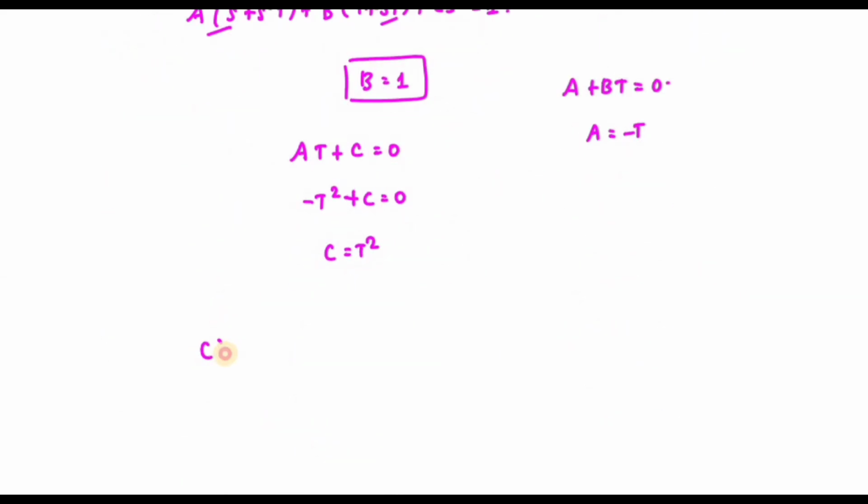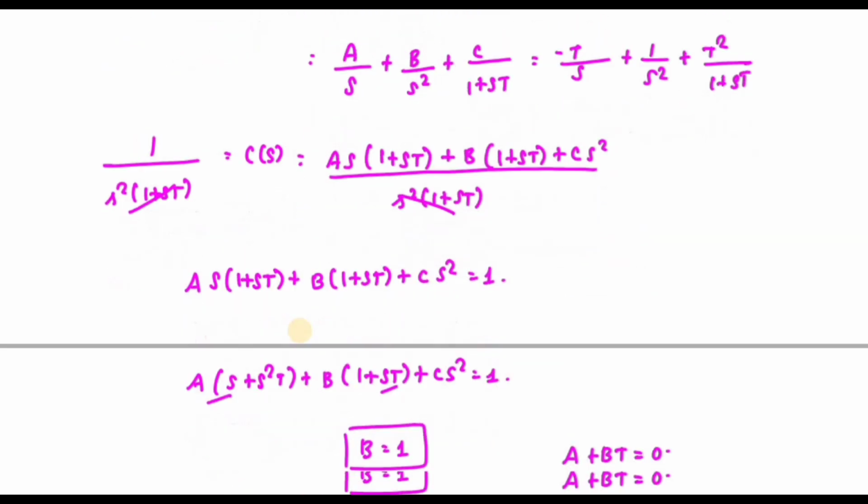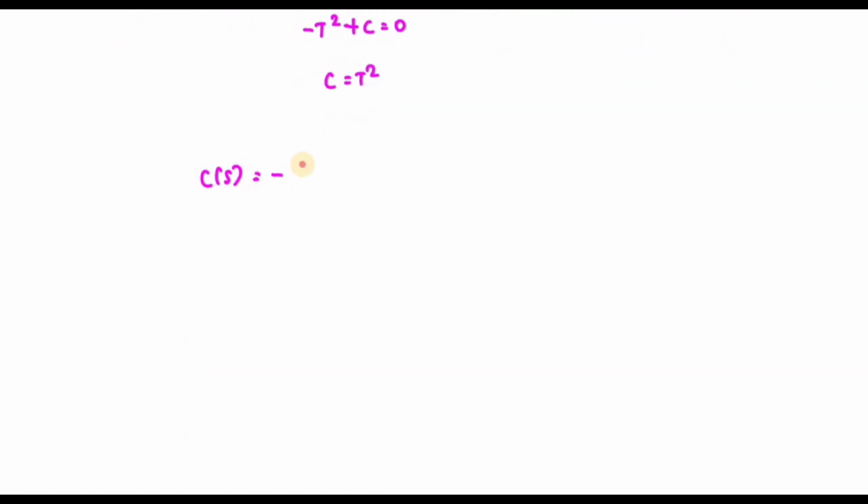Again I am writing here the same equation. C(s) is equal to minus T divided by s plus 1 divided by s square plus T square divided by (1 + sT).